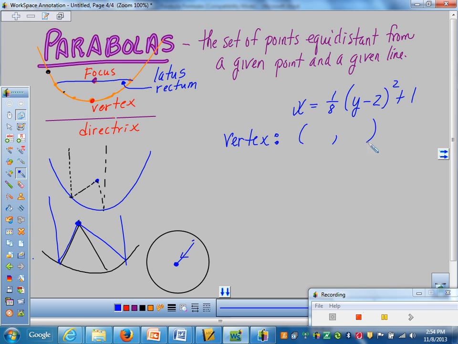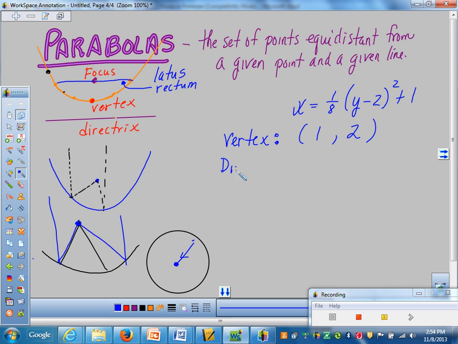Is that the X coordinate or the Y coordinate? What variable is in there? That's a Y, so that's the Y coordinate. If there's a Y in the quantity, that's the Y coordinate. So Y is going to be 2, and if you take it out of any quantity, you change the sign. The 1, though, is out here. It's not in a quantity, so it doesn't change. It stays 1. So this vertex would be at 1, 2. That's probably the trickiest part of it.